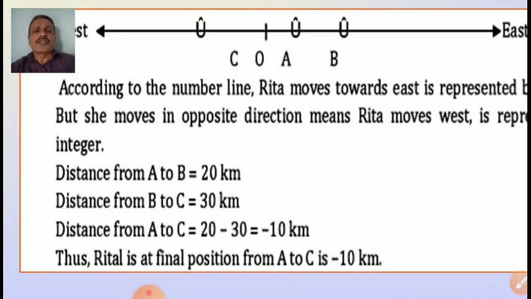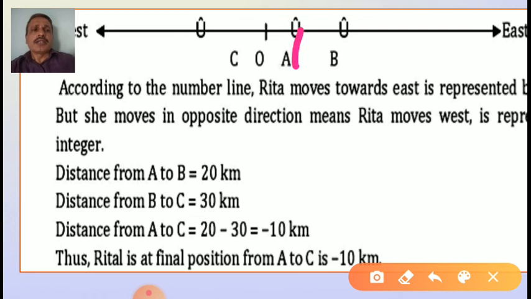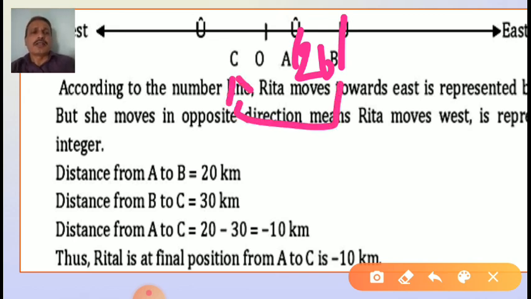Now the distance she traveled from A to B is 20 kilometers. Now B to C, from here to here, is 30 kilometers. So this 30 has a minus sign. So we have to find the A to C distance. What is the A to C distance, students?